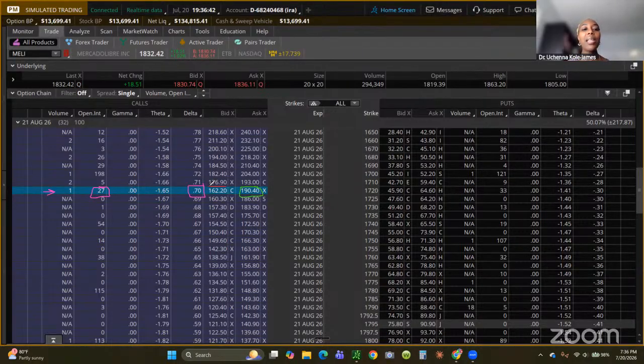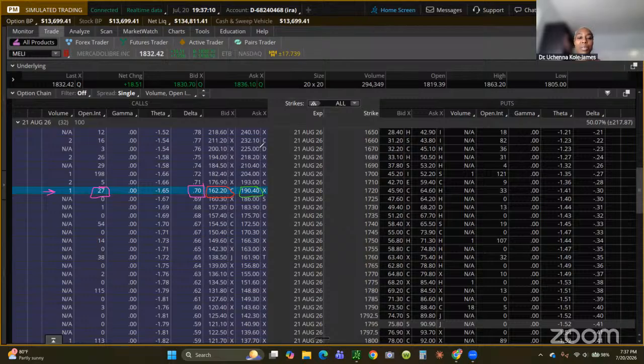If I want to immediately get out and sell it back, I only can sell it for about $16,000. I'm immediately losing money on this option contract. That's why it's so important to have a tight bid-ask spread. Because once you get into an option contract, you want to immediately start making money.